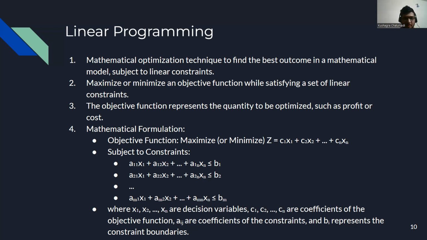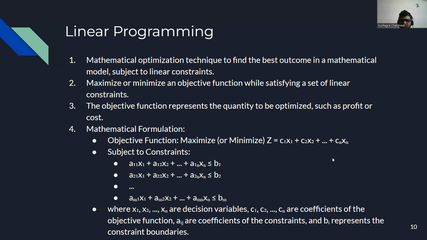As you can see, the mathematical formulation is given here, like the objective function. The objective function z that is written here is basically the variable that we have to minimize or maximize. Like if z represents profit, then we will be working on maximizing profit. If z represents the cost of holding or any other cost, then we have to minimize that z.